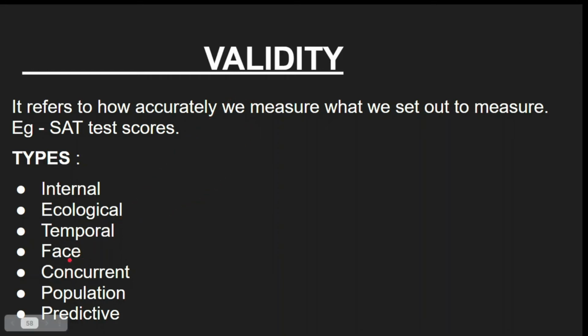Face validity is simply that we want to see if our tools or our research are measuring content according to the layperson. So at first glance, is it really valid? That's why we say layperson, because someone who isn't involved in psychology is just taking a look at your research. To them, does it look valid? And typically, if your research doesn't have face validity, it might not have all these others either.